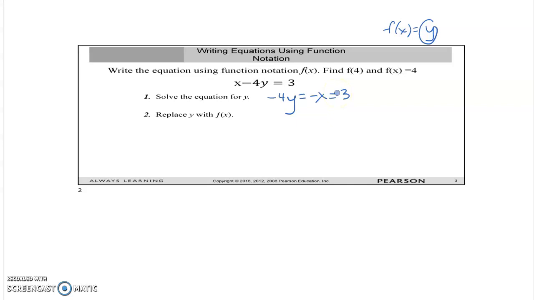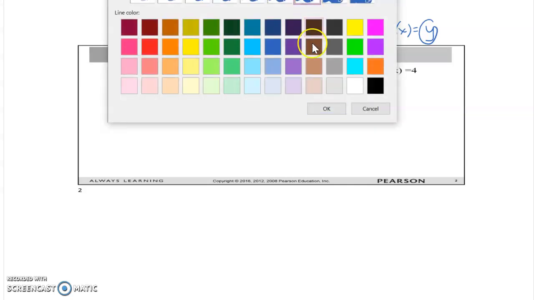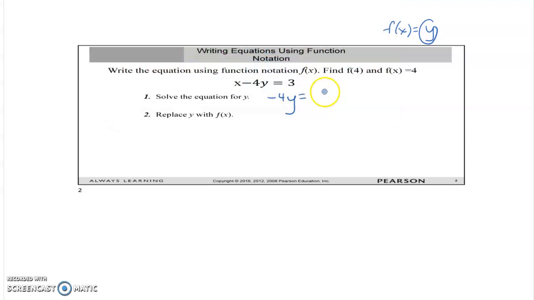Negative x plus 3. We're going to divide by negative 4.